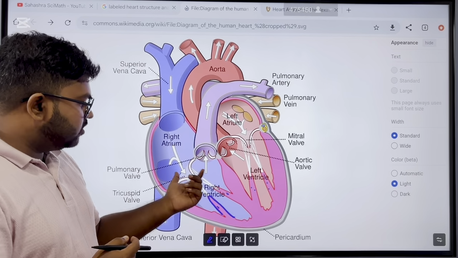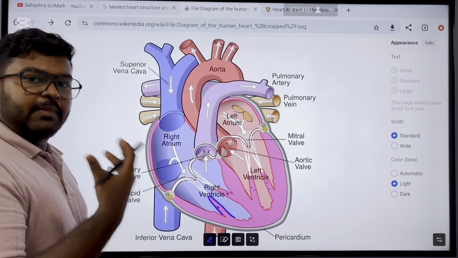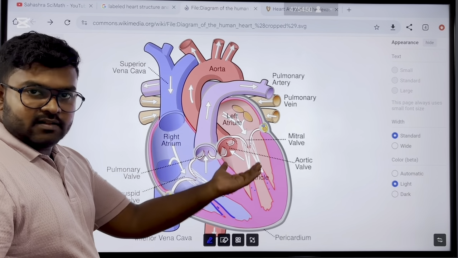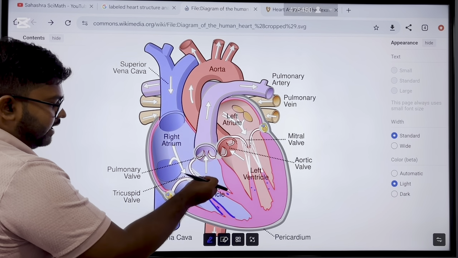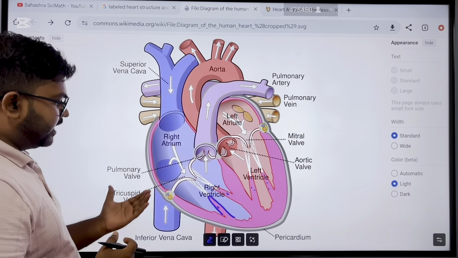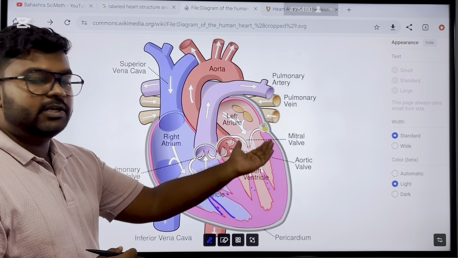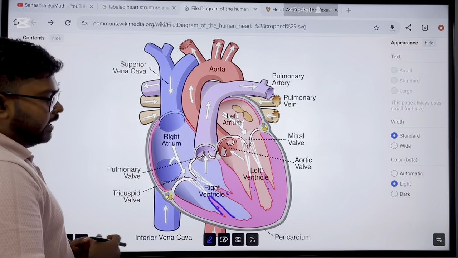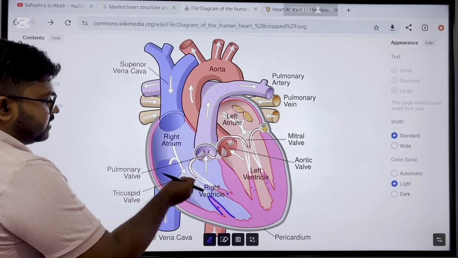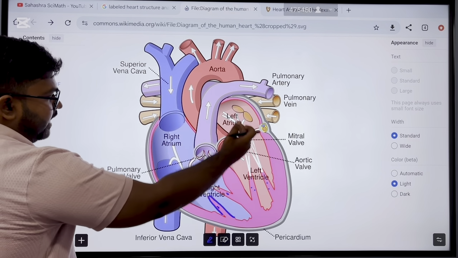What is the function of the chordae tendineae? It makes sure that these valves open only towards the ventricle. The chordae tendineae make sure the tricuspid valve and the bicuspid or mitral valve open only into the ventricles. It prevents opening of these valves into the atria.